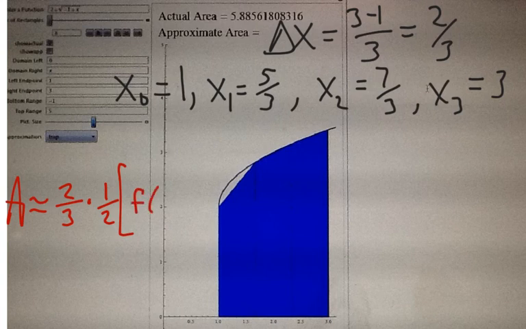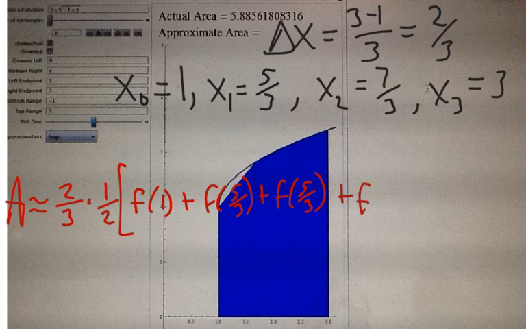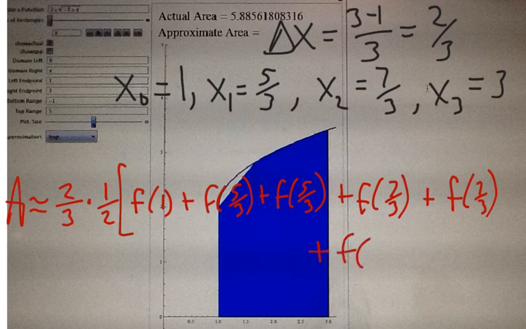So I need f of 1, then I need f of 5/3 for the first trapezoid as one of its bases, and I need f of 5/3 for the second trapezoid as well. And then I need f of 7/3 for the second trapezoid, and f of 7/3 for the third trapezoid, and then I need plus f of 3 for the last trapezoid.